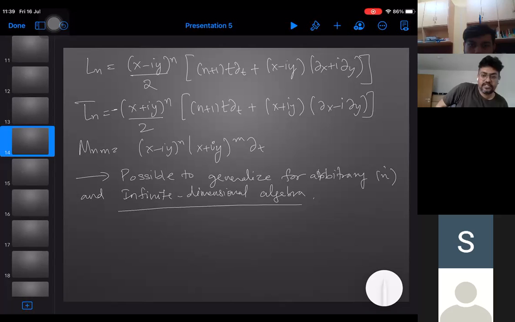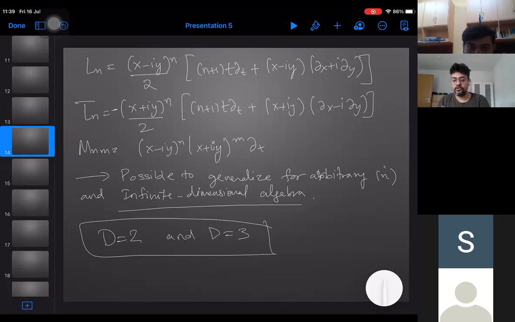So you have seen the Carolean conformal algebra, basically for d equal to 2 and for d equal to 3. So before going to d equal to 4 or greater, let us first have a small discussion.